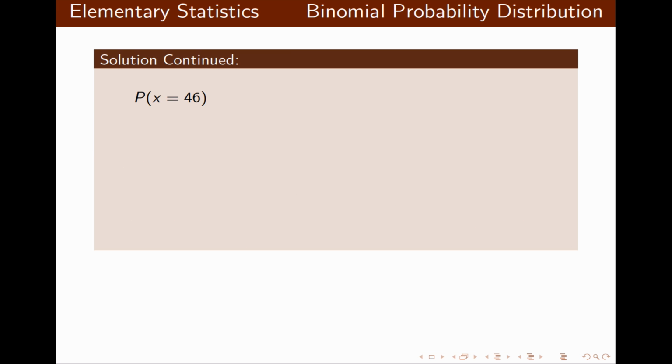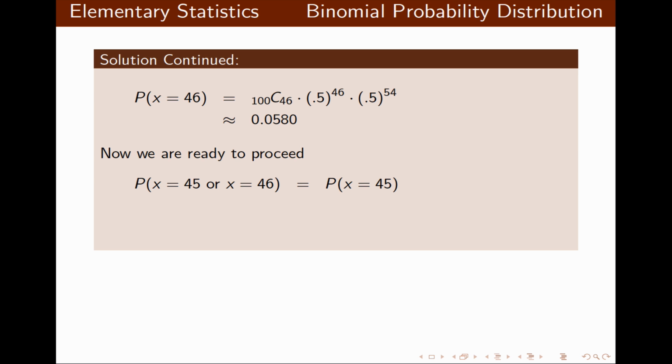And we do the same thing for the probability of exactly 46 successes using the binomial probability distribution formula, and we get 0.0580. Now to proceed, we add these two probabilities together, and the final answer is 0.1065. If I was going to round these to 3 decimal places, the answer would have been 0.107.